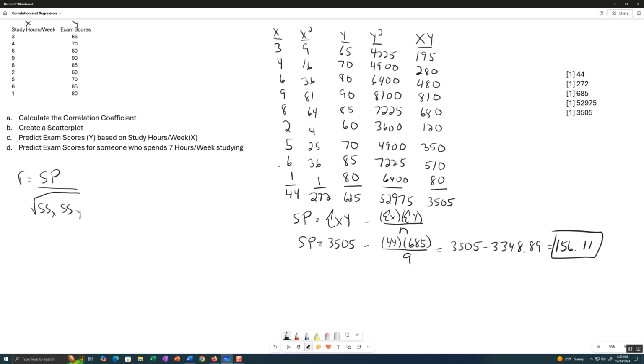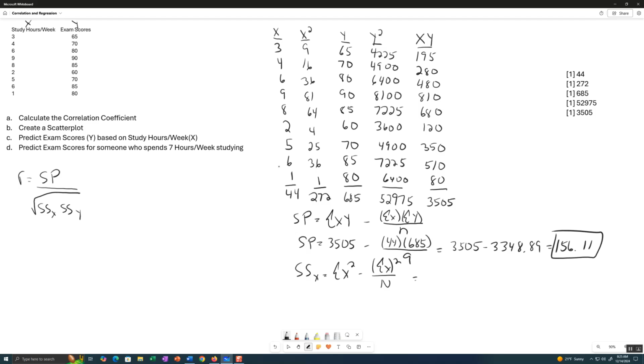That is your SP. Now to find sum of squares of x, that's simply sum of x squared minus sum of x quantity squared over n.